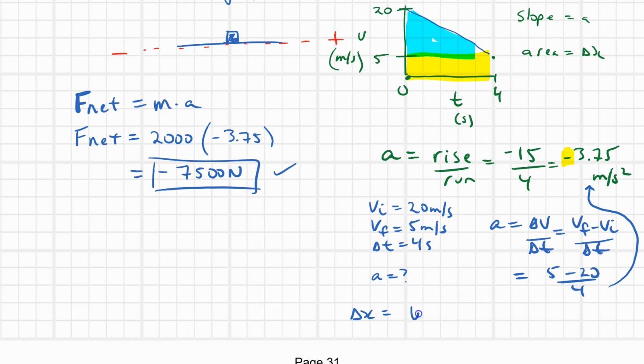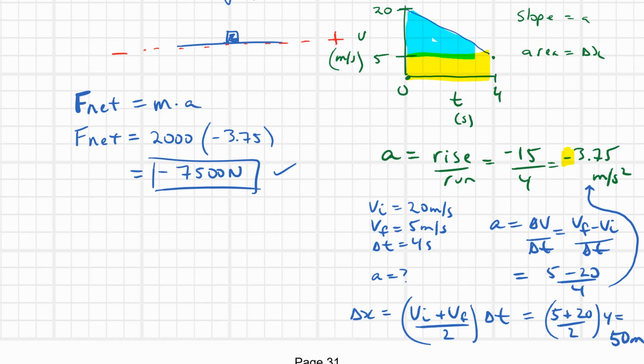So I would maybe take vi plus vf over 2 times delta t, and so we get 5 plus 20 divided by 2, and then times 4, and then my final answer would be 50 meters.